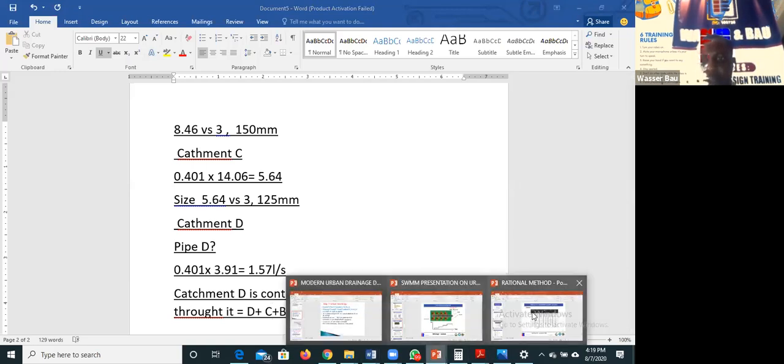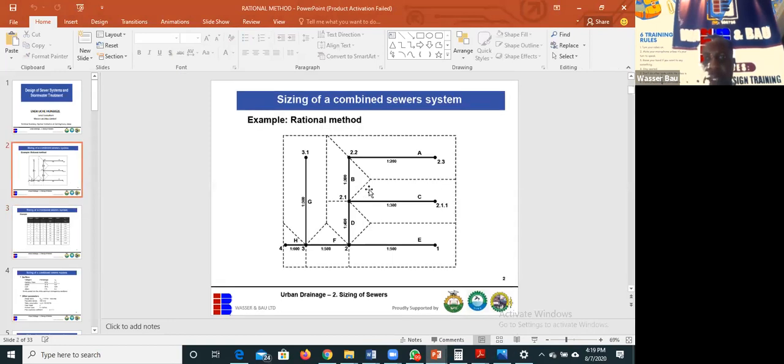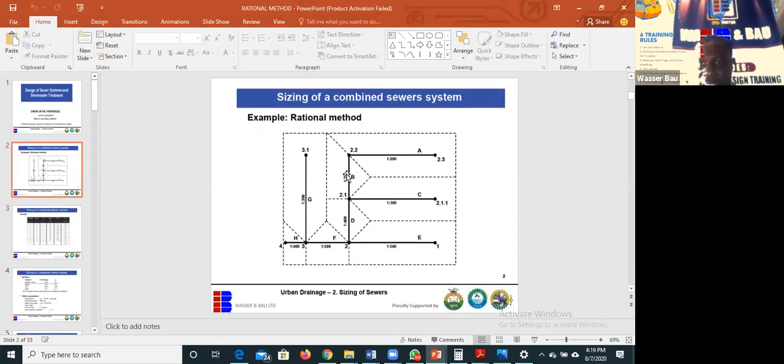What I'm trying to say is that B has already, anything I'm taking from here is already an accumulation of this and this. So for pipe D now, what is flowing into this junction will be whatever is coming from here, two of them flowing into this one.